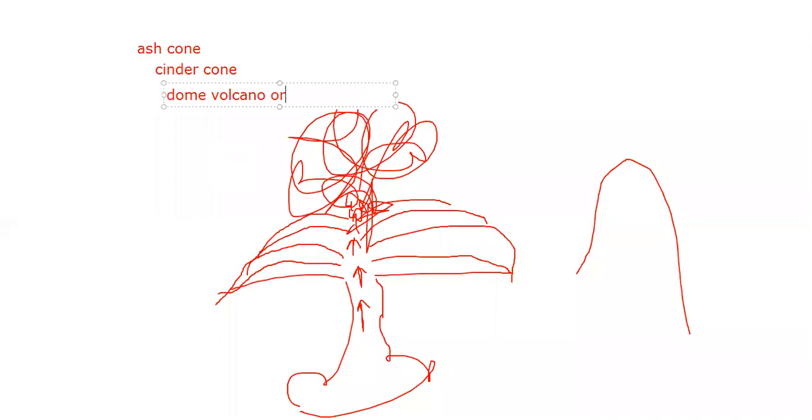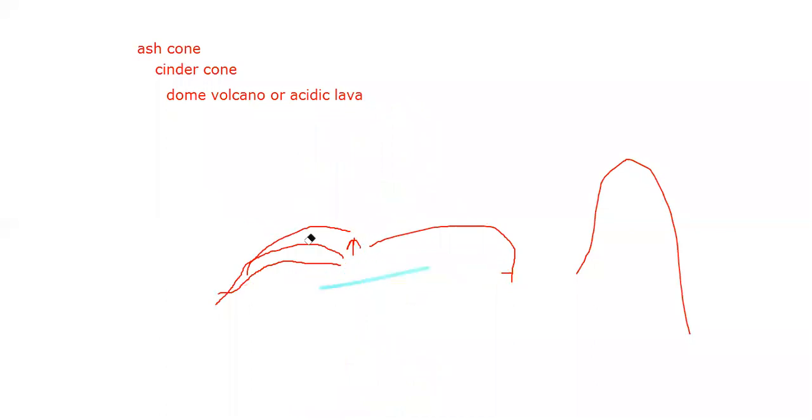Or if you want to remember it, you could call it an acidic lava volcano, right? This is for those who want to remember it. I would use that one because it's easier to remember, considering the whole principle of acidic lava.